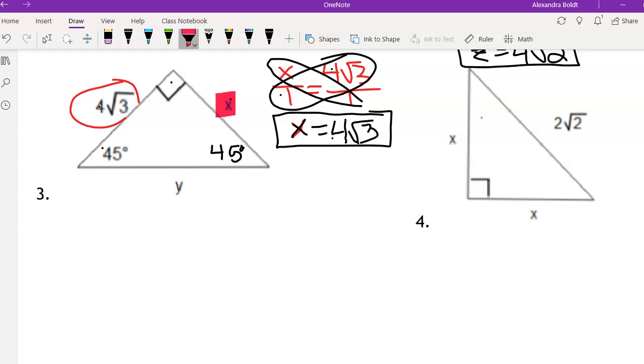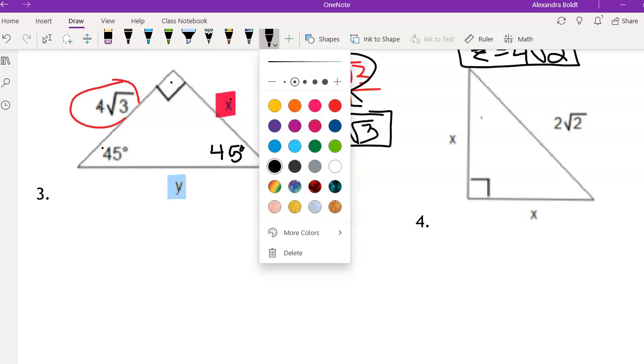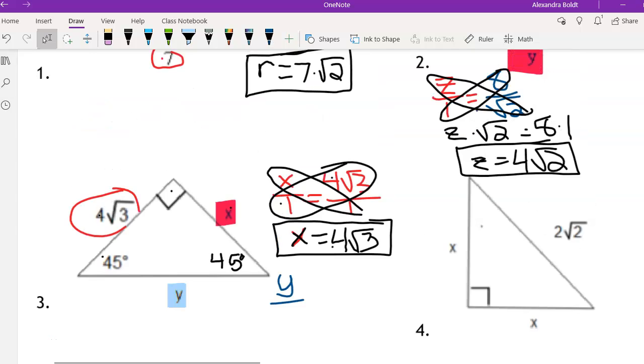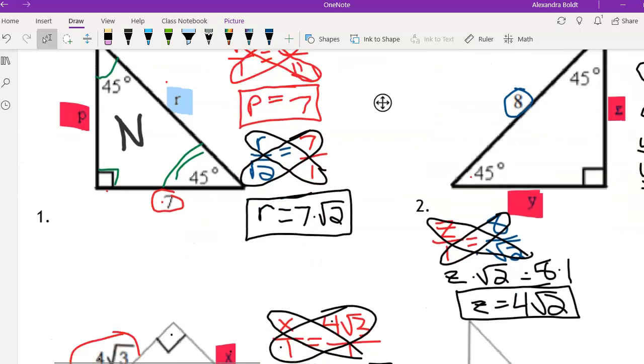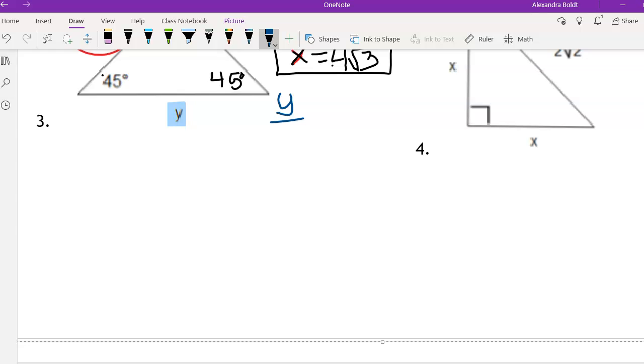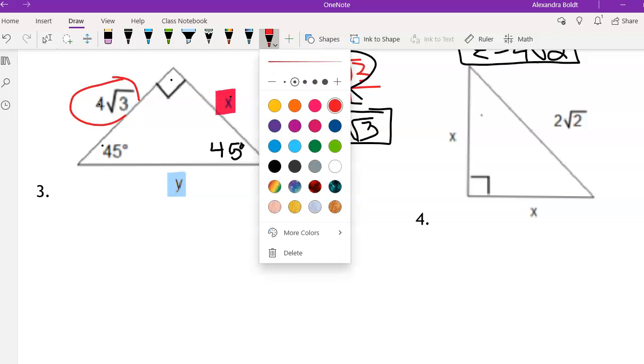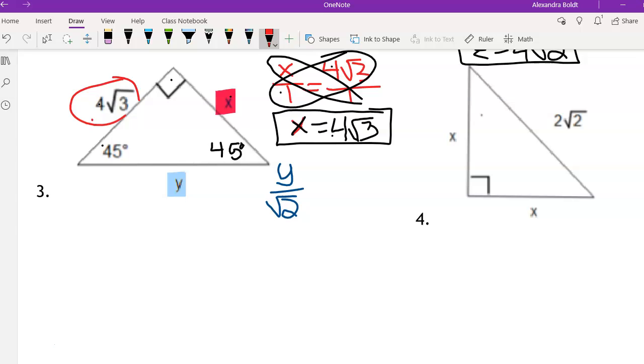Let's look at our y then, which is part of our hypotenuse. So y goes with our hypotenuse in our original triangle. And remember, your hypotenuse is square root 2. And then I have 4 square root 3 over 1.